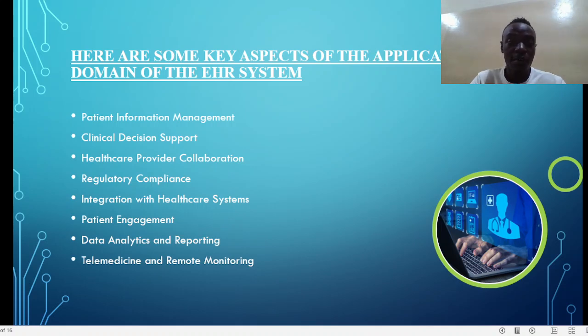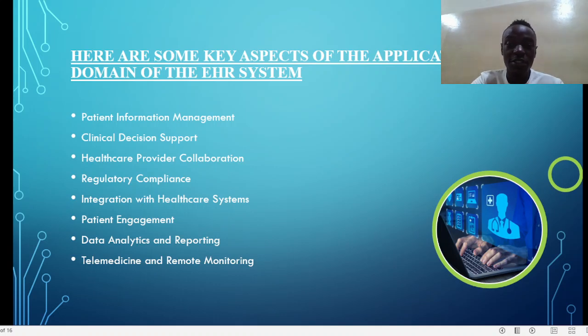My first outline was patient information management. The primary function of my project is to store and manage comprehensive patient information, including medical history, medication, treatment plans, test records.